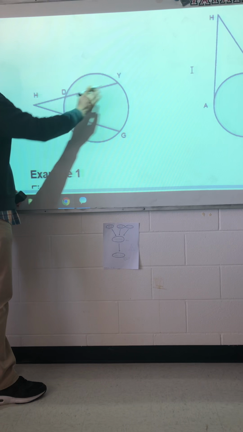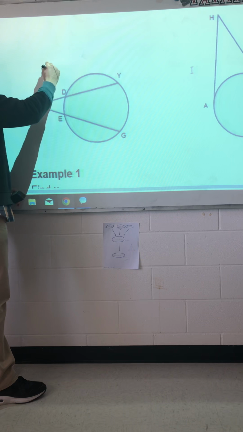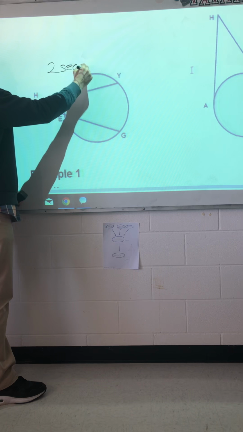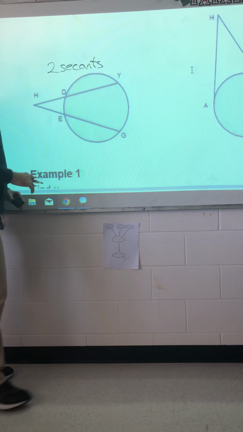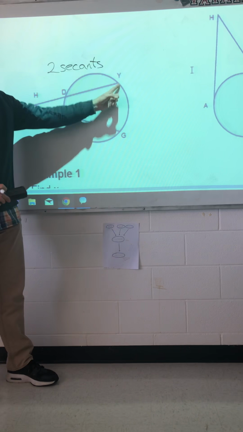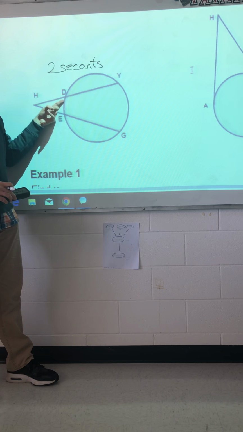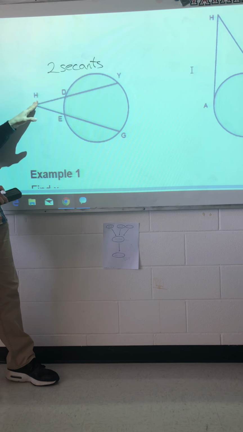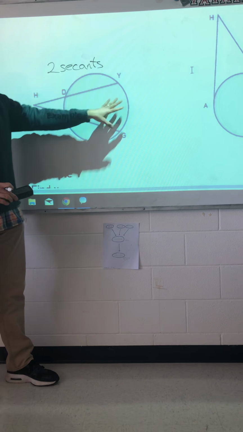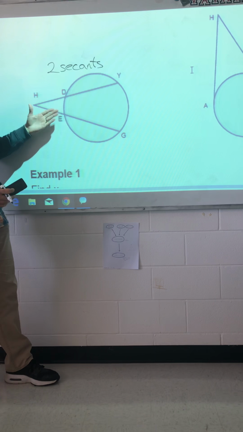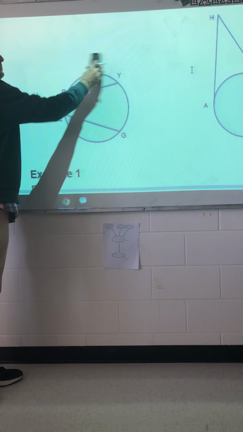A secant intersects twice. So we have two secants. Okay, they intercept two arcs. There's a big arc, and then there's a small arc. So the angle hits a small arc and then a big arc. So that's when you have two secants.